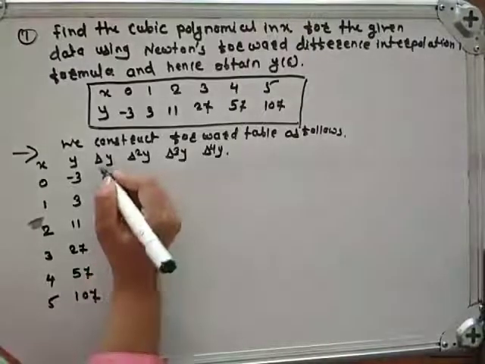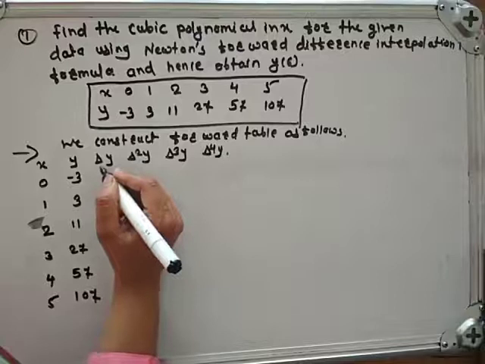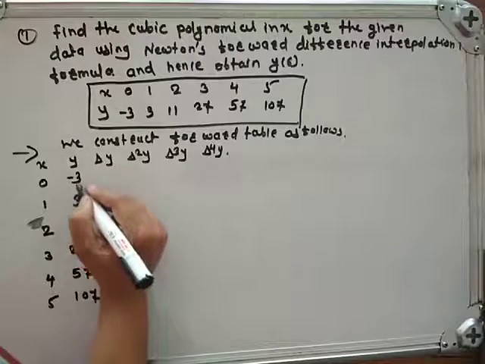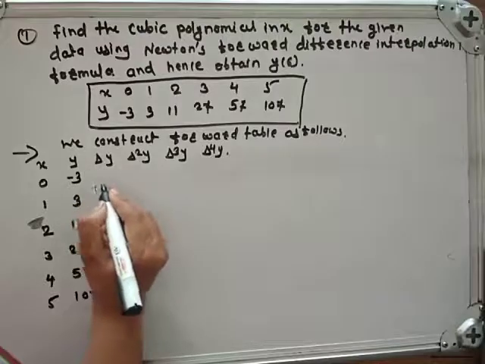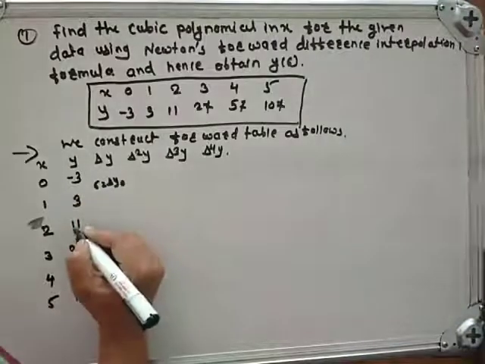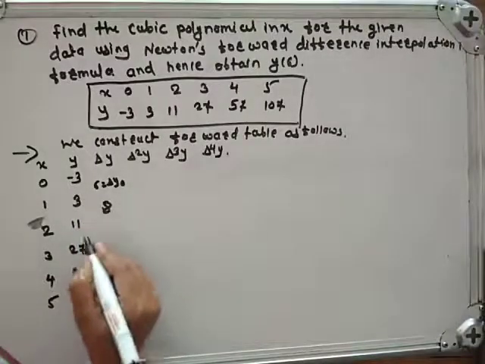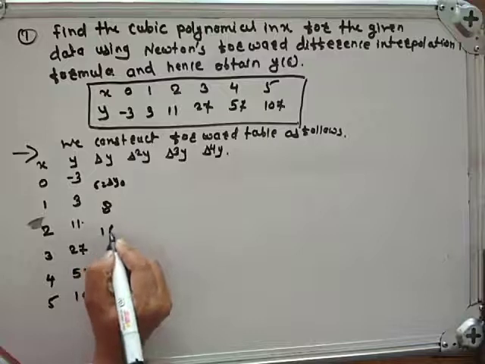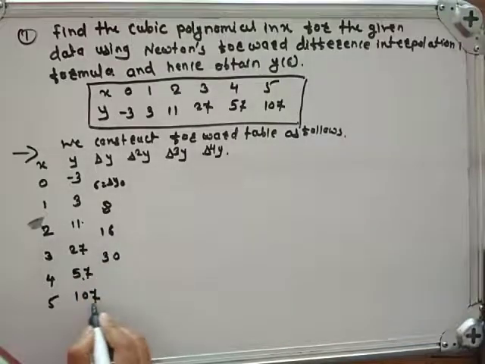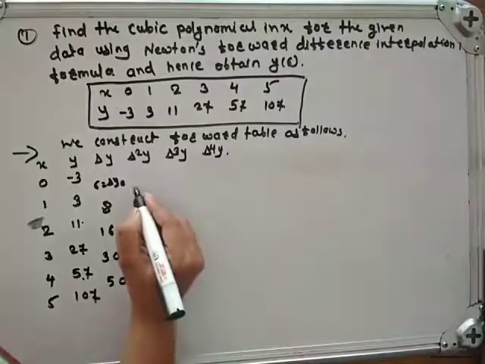We have to calculate first order differences. See here, 3 minus 3 is 6, which is equal to delta y0. Then 11 minus 3 is 8, 27 minus 11 is 16, 57 minus 27 is 30, 107 minus 57 is 50.